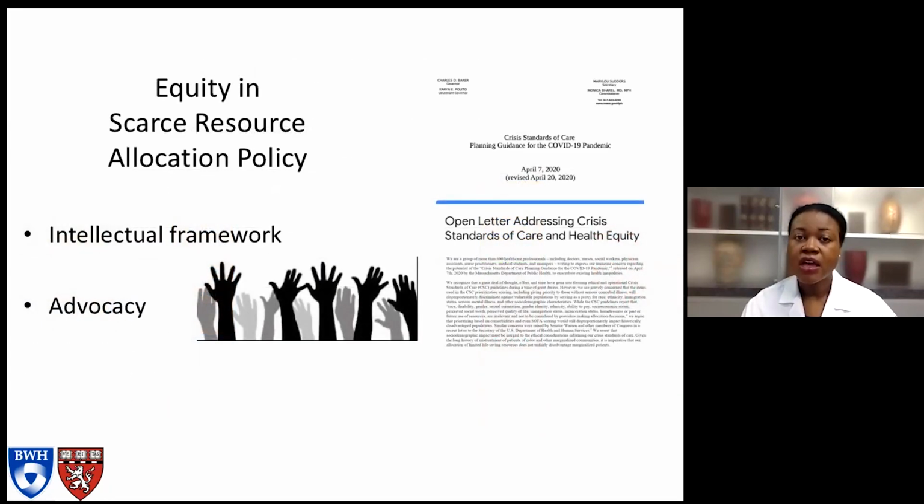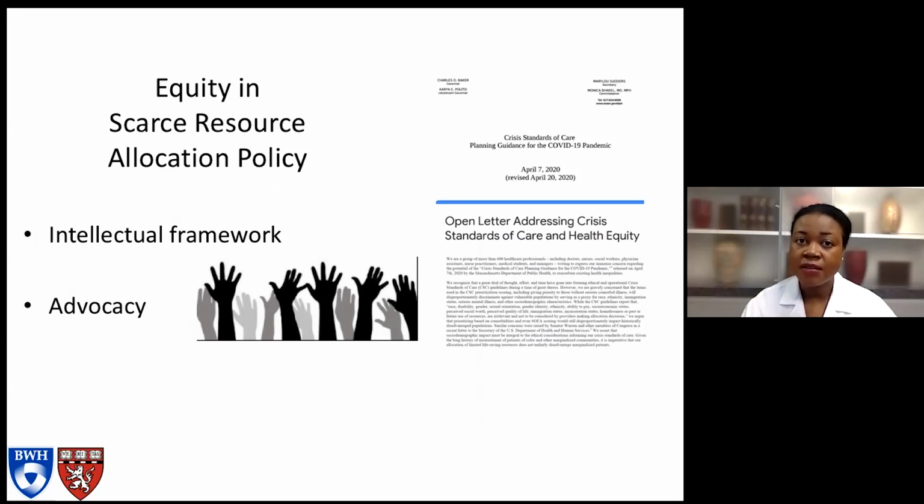Additionally, we engaged in policy activities related to scarcity in resource allocation. We had hoped that we would not get to the point where we did not have enough ventilators or intensive care unit beds to treat patients.